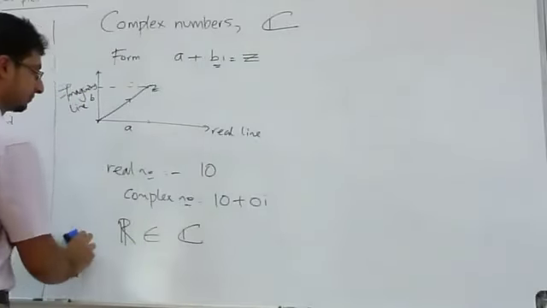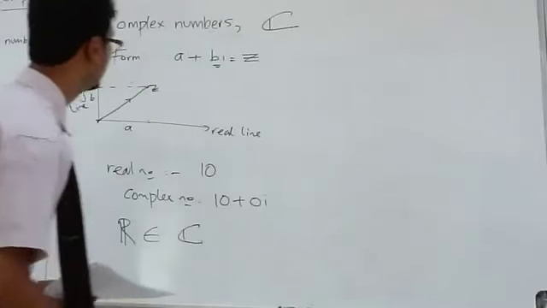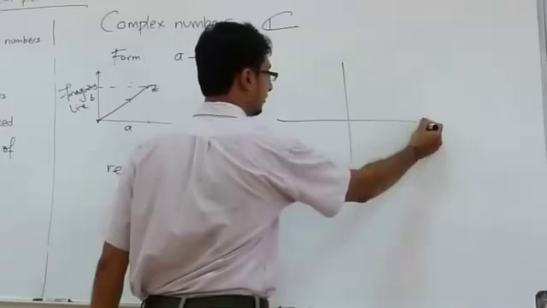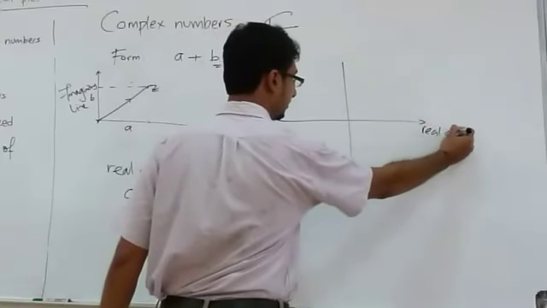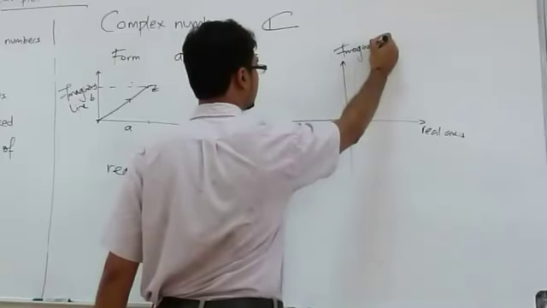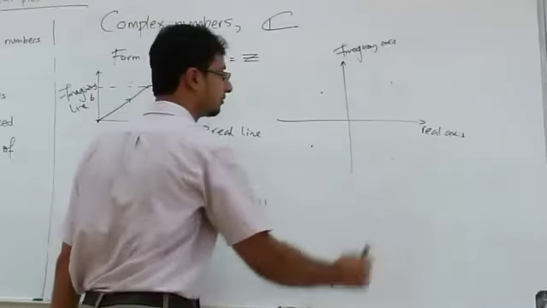So the point Z under the real line just becomes A minus BI. A plus BI can be anywhere now, where it's under the real line. That's the real axis. That's the imaginary axis. It can be here, it can be there, it can be here.